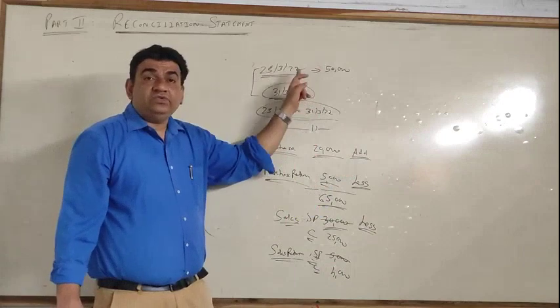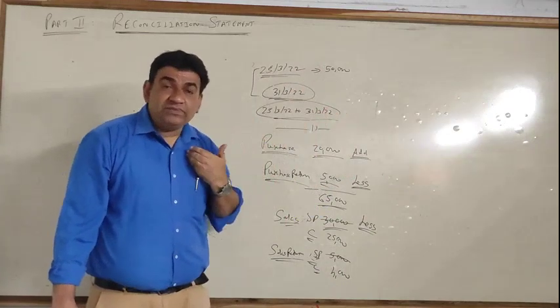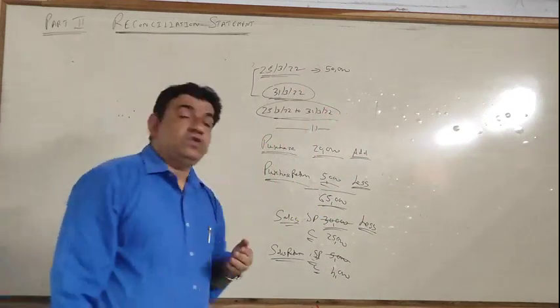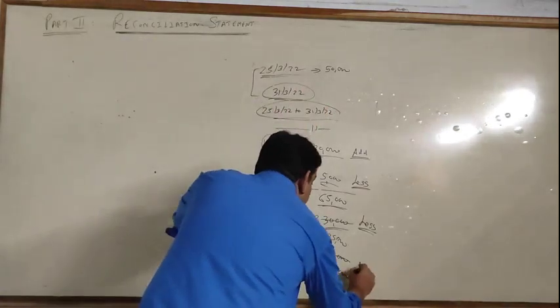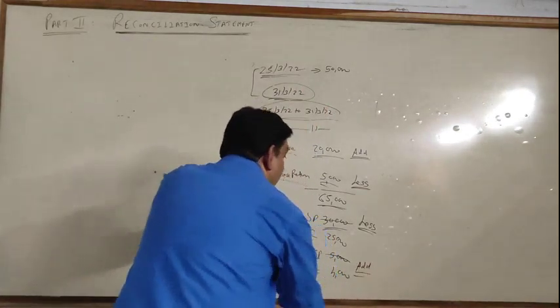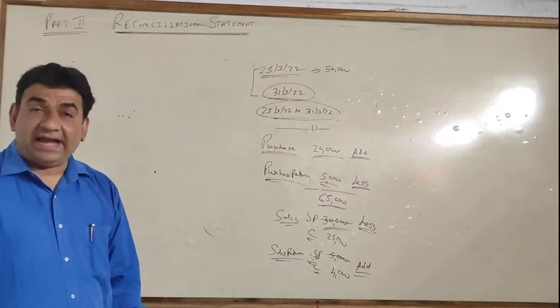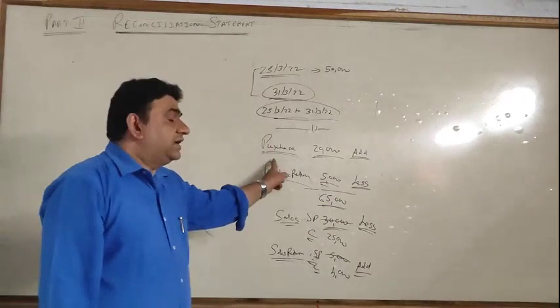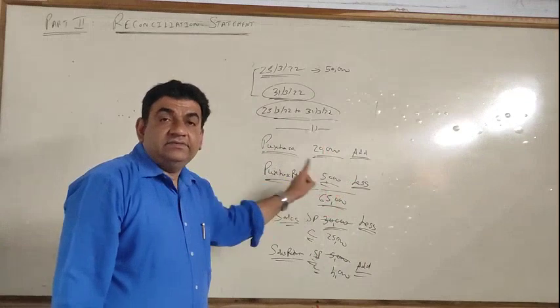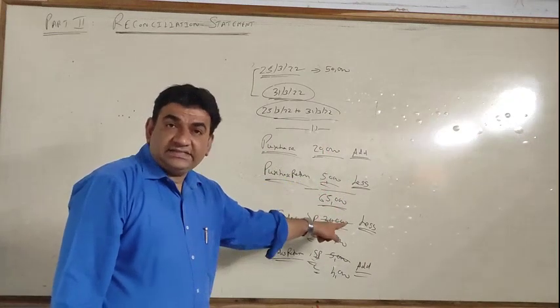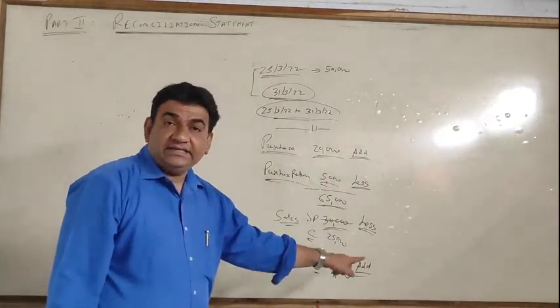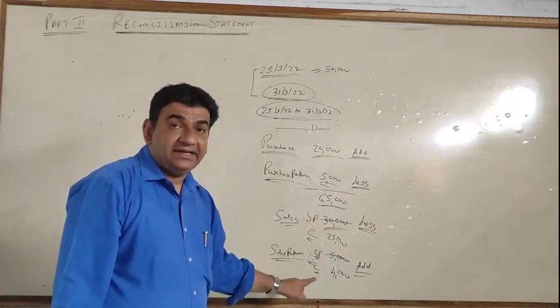Between 25th March to 31st March, it came back to me. So my closing stock will increase. Therefore, I will add it. So, purchase add, purchase return minus, sales return add.